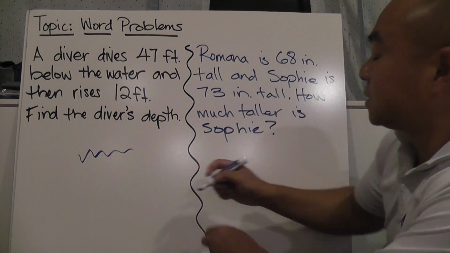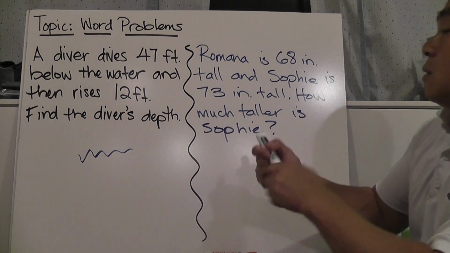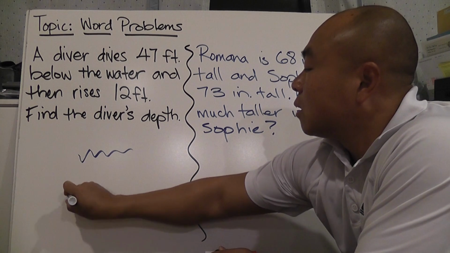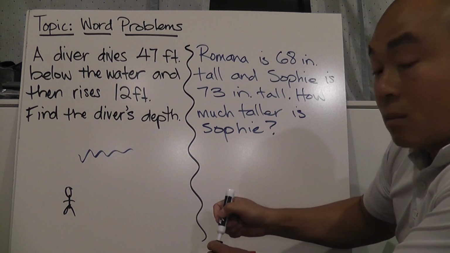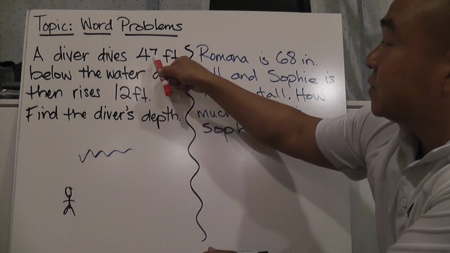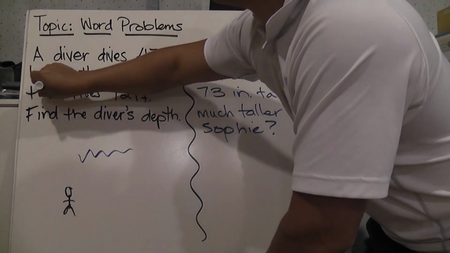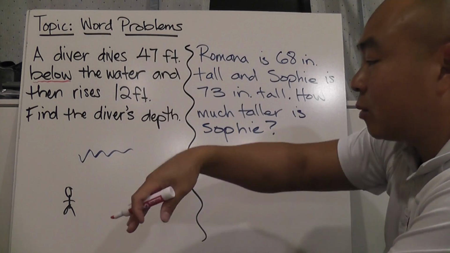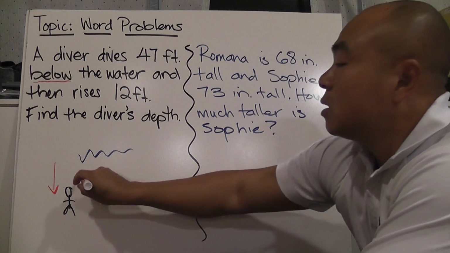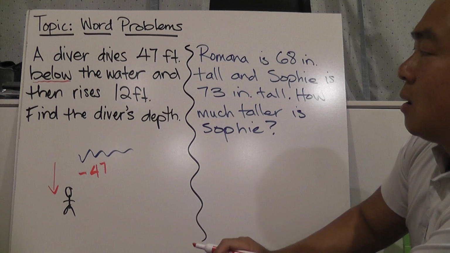Let's say that's the ocean, and let's go with the diver. The diver dives 47 feet below. This word kind of implies that he's going down. So if he's going down 47 feet, we can also think of it as going negative 47.